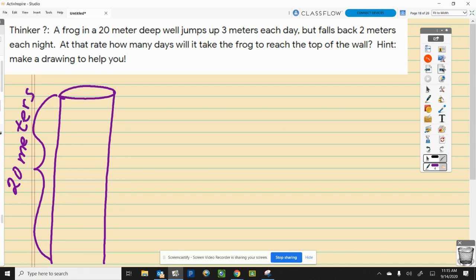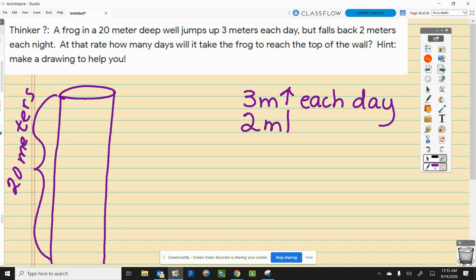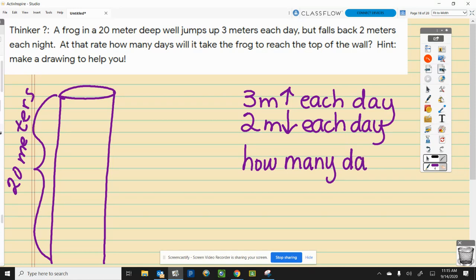And I know that he went 3 meters up each day. And I know that he went 2 meters down each day. Guess he just wasn't strong enough to hang on. Now, the question is, how many days is it going to take him to reach the top?